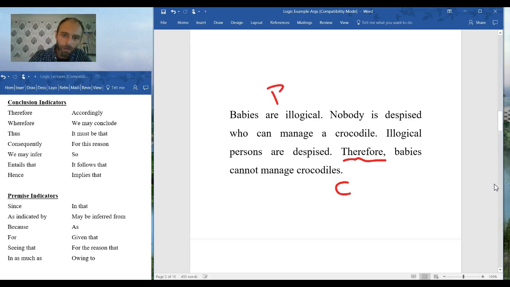So here we have 1, 2, 3 premises leading to one conclusion. And look at all the information we got just from that word therefore. We didn't have any premise indicator words, but the therefore let us identify the conclusion, and then we could figure out if the other information lent support to the conclusion and if they were all premises.